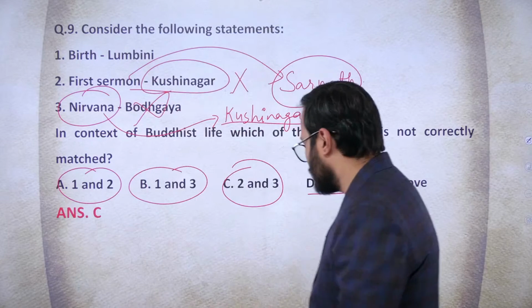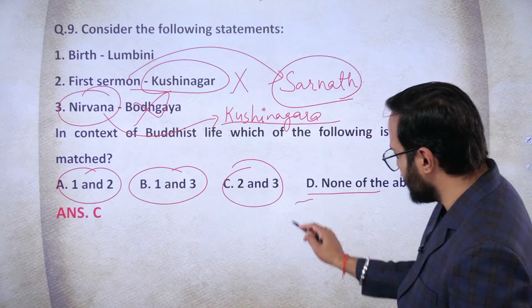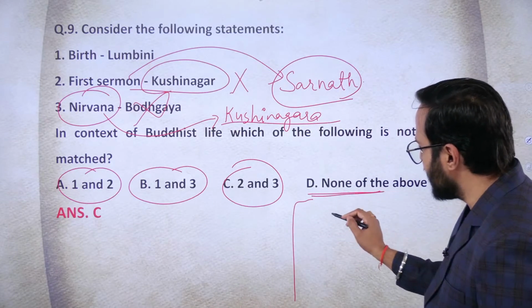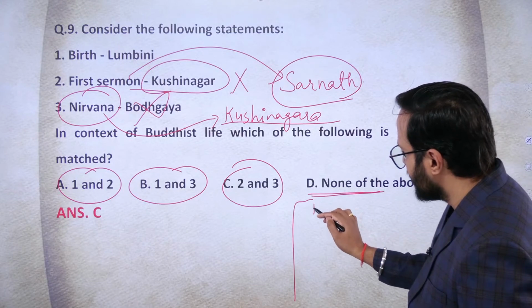Whenever you come to the point of Buddha's life, remember that Buddha's life is indicated by symbols and events.